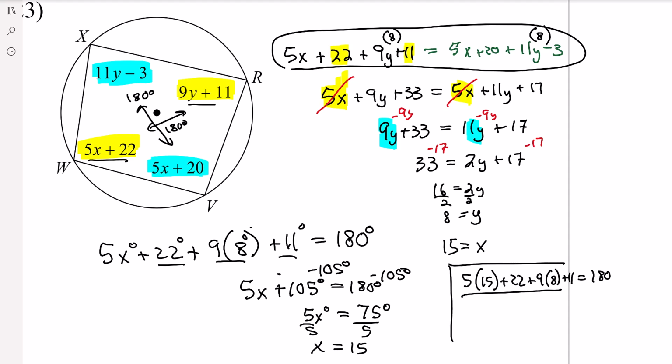And then also check the other one. 5 times 15 plus 20 plus 11 times 8, subtract 3, enter, and you should see 180. I'm going to check both. Okay, I typed them both in. They both equaled 180. All right, that is it for this week's videos.